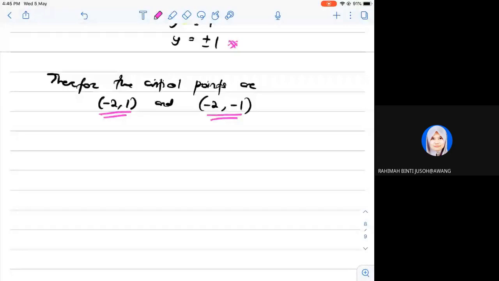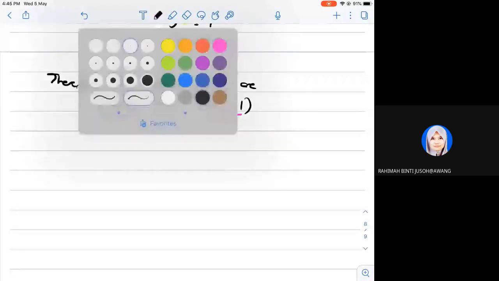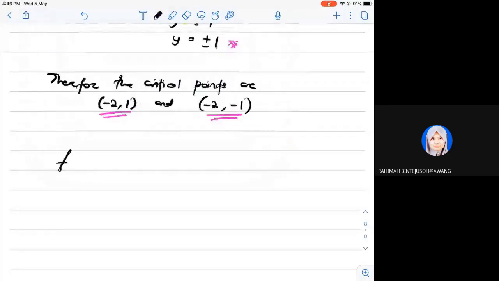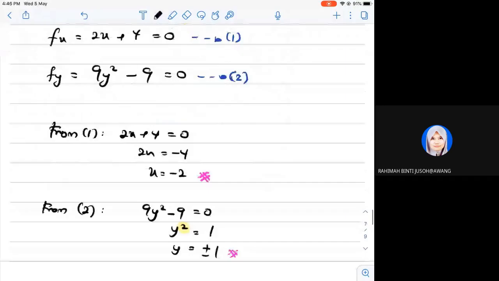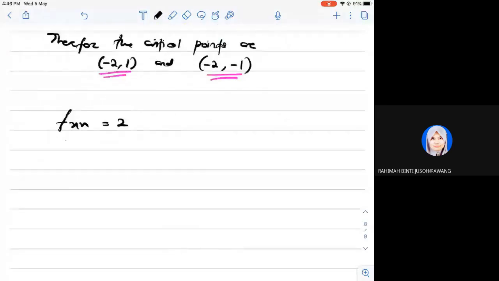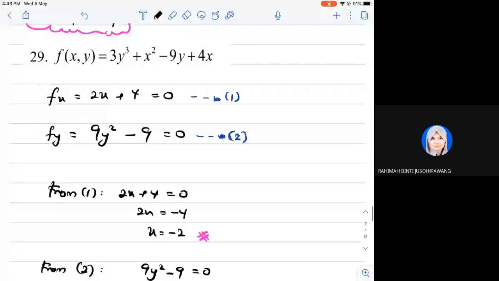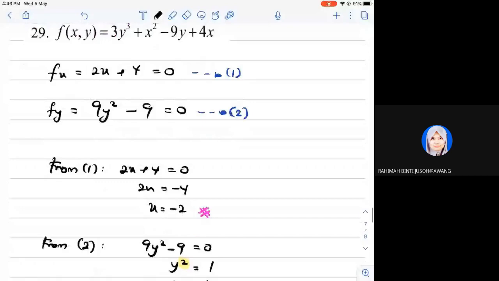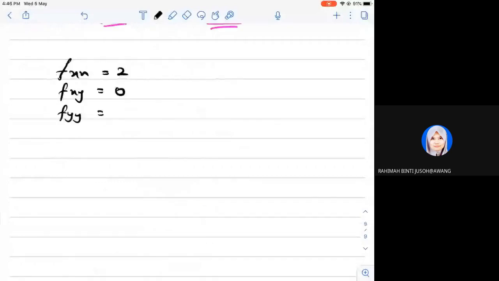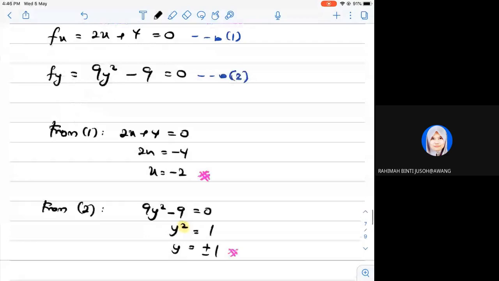So cari fxx. Dapatlah 2. Cari fxy. Dapat apa ni? Kosong. Okay, 0. Okay. fyy. 18y. Okay, good. 18y.